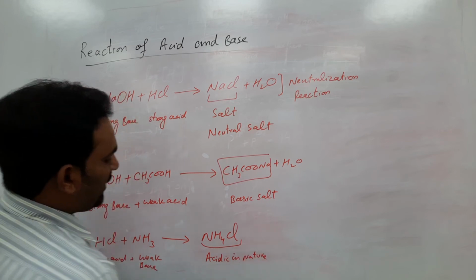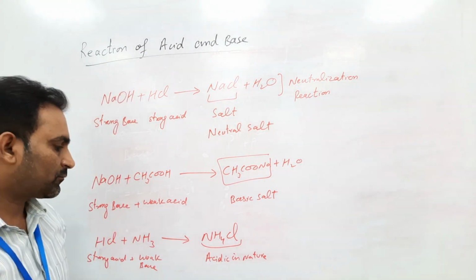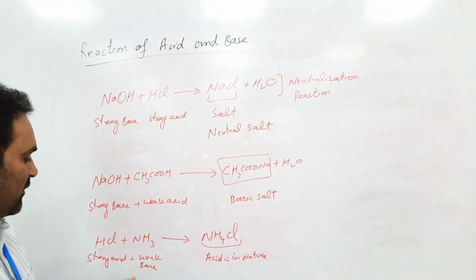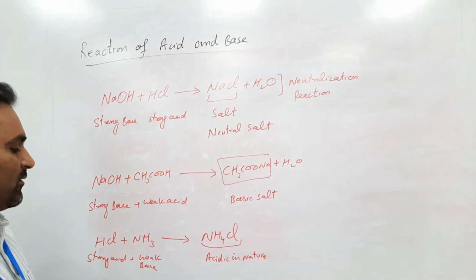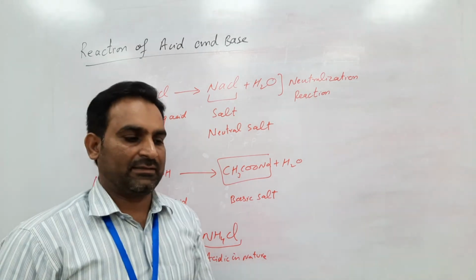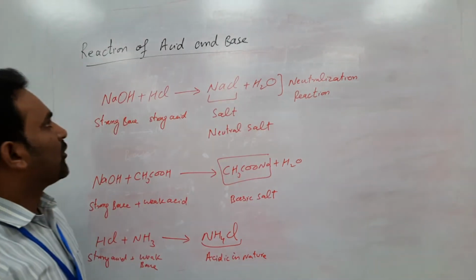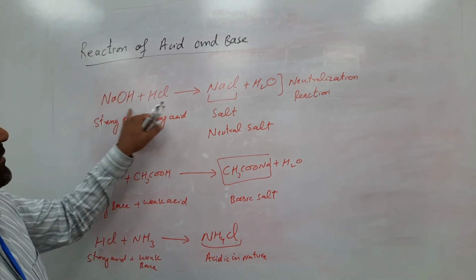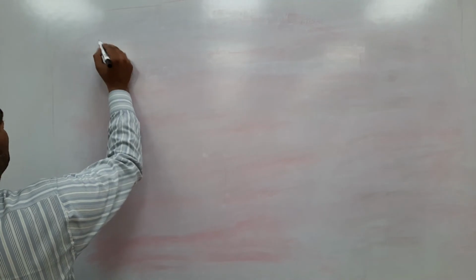This salt, ammonium chloride, is formed from a weak base and a strong acid. So these are some reactions of acids and bases. Now, titration curves.